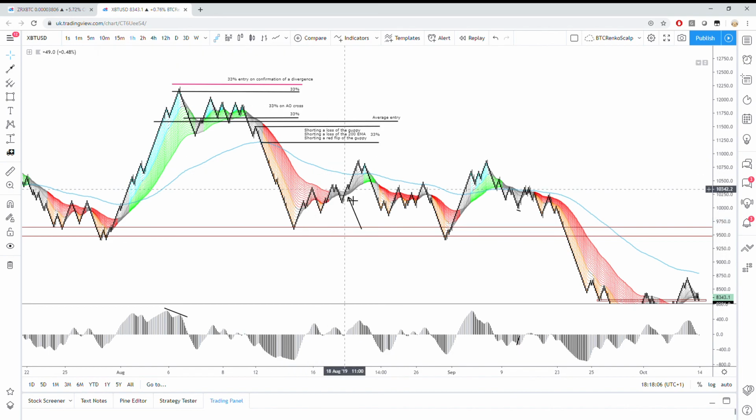And what your aim should be is to take that down or up to significant support or resistance levels. So identify your divergences. Identify the AO cross and the presence of bulls or bears. Identify the breakdown of the existing trend and the new trend developing.